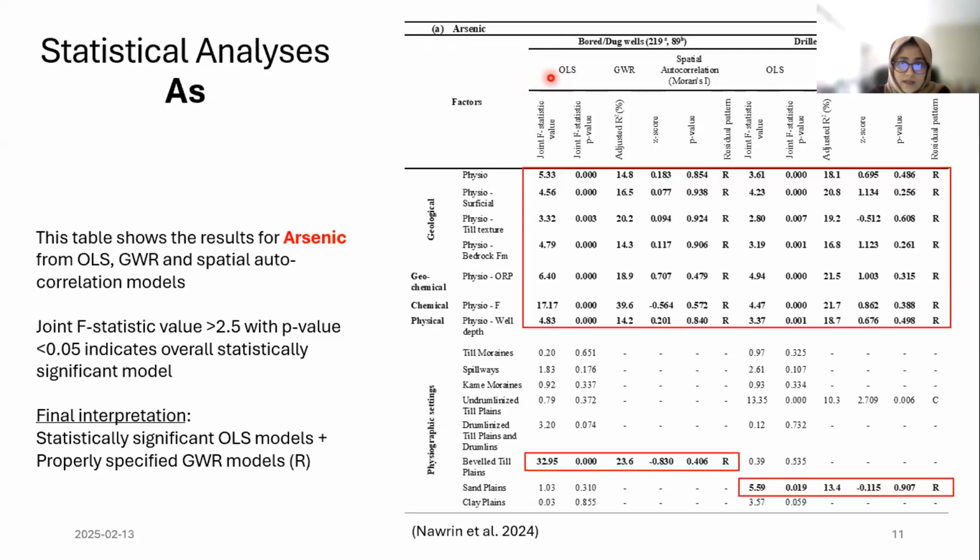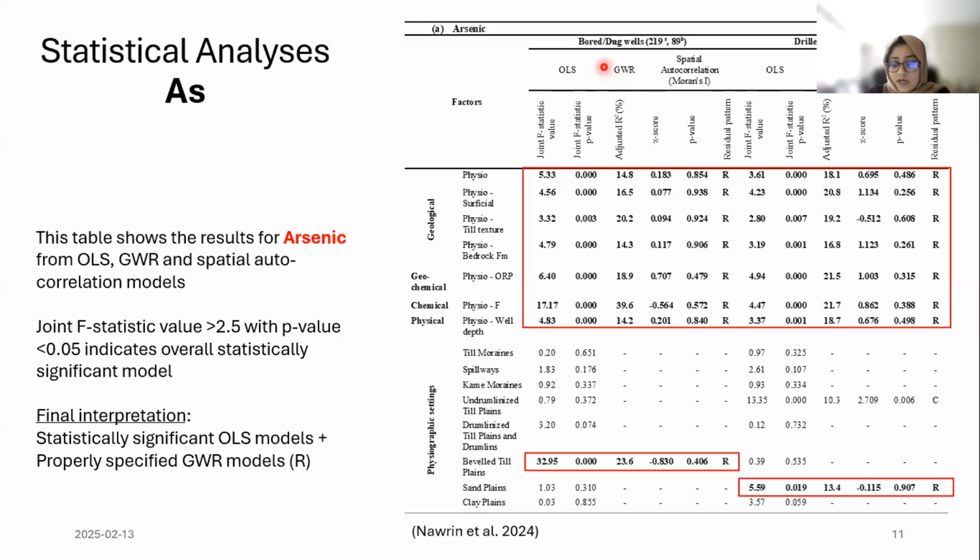So the OLS, GWR, and spatial autocorrelation analysis were done in 3 steps, where we found the basic statistical results, for example, F statistics and T statistics values from the OLS global model. Joint F statistics value greater than 2.5 with p-value less than 0.05 from OLS models were considered as overall statistically significant models.